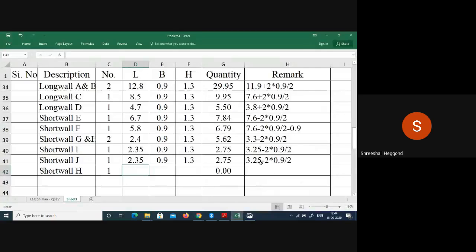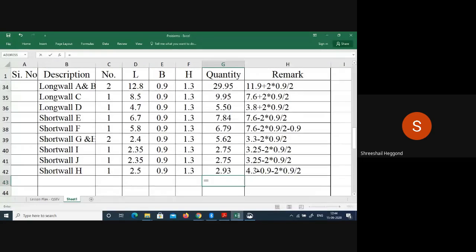That can be written as center to center it will be 4.3 minus 1 in between deduction and one more 2 into 0.9 divided by 2. 4.3 minus 1.8. Therefore, quantity will be length 2.5, breadth is 0.9 and height is 1.3.